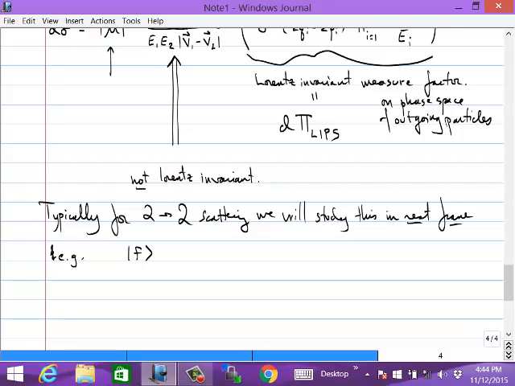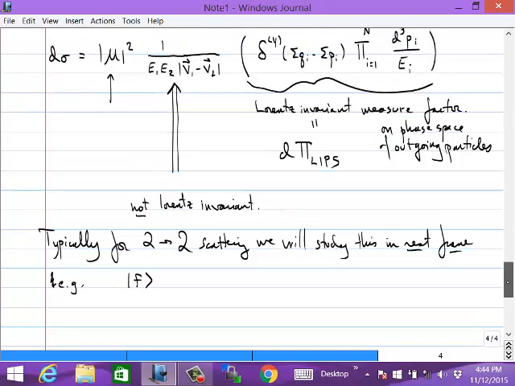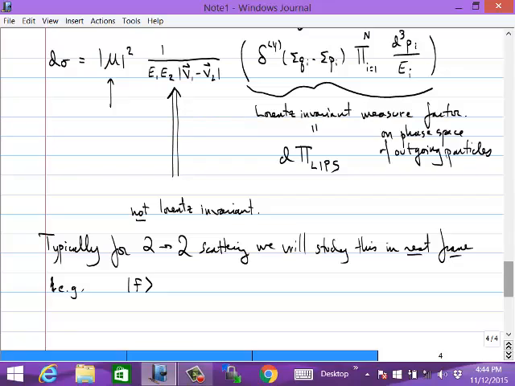Yes? In that scattering cross-section, the V1 minus V2 term seems to imply that the scattering cross-section will blow up if the particles are moving at exactly the same velocity. Yeah, that's right. It's because the two particles will then be on top of each other for all time.